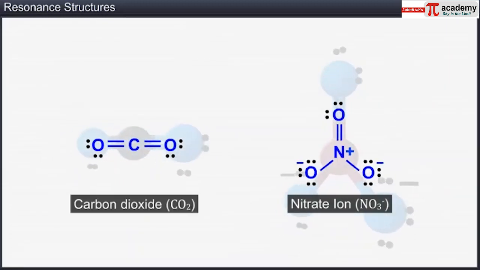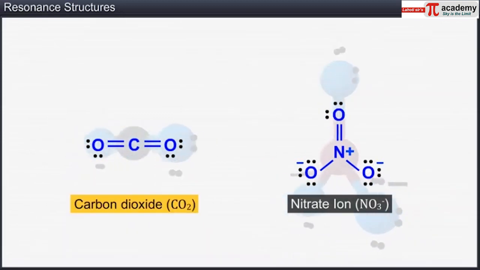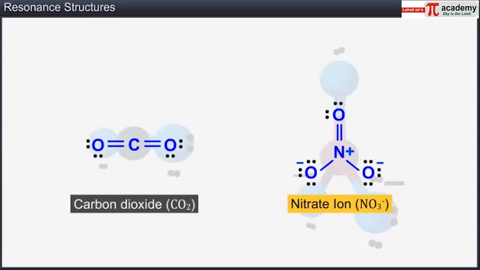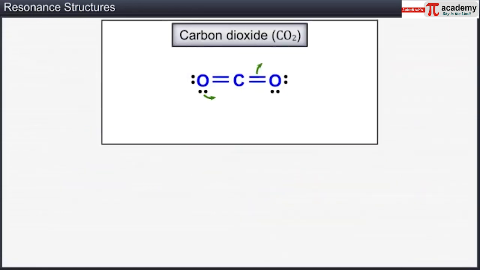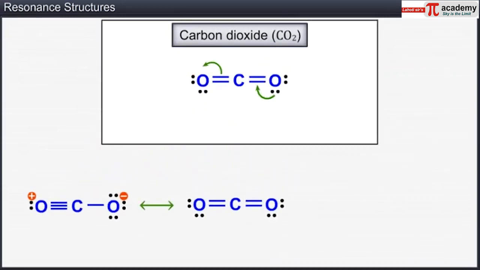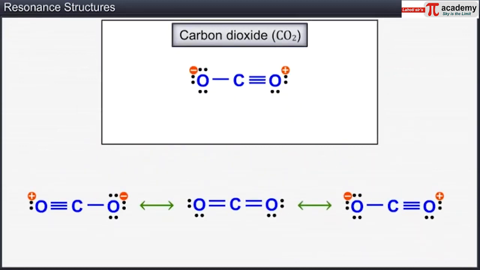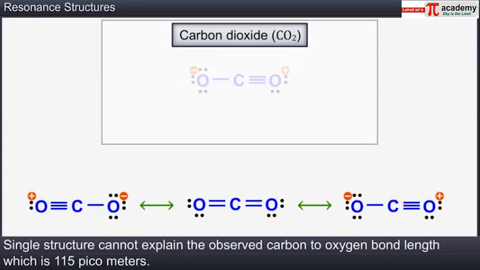Let us reinforce this concept by considering the possible Lewis structures of a carbon dioxide molecule and polyatomic nitrate ion respectively. We can represent a carbon dioxide molecule by the three following Lewis structures. None of the single structures explain the observed carbon to oxygen bond length, which is 115 picometers.